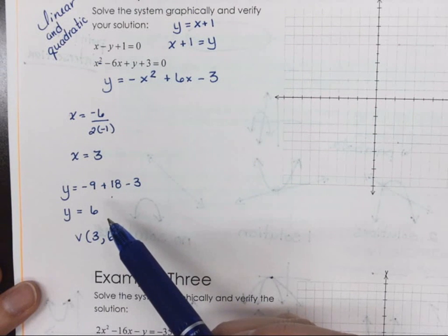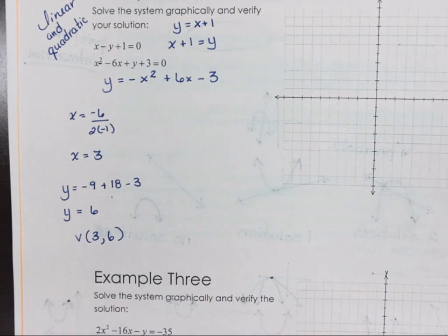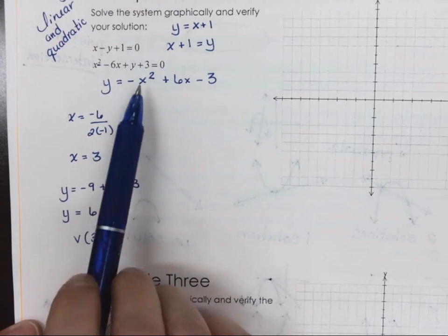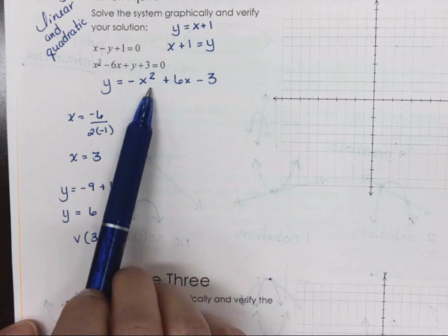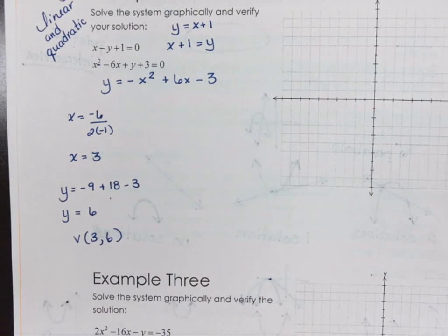Or not my y-intercept, my y-coordinate of the vertex. Wait, I don't get what you just did. I substituted 3 into this equation everywhere I saw an x. Oh, you skipped a step. Yep. I only got a little bit of room.